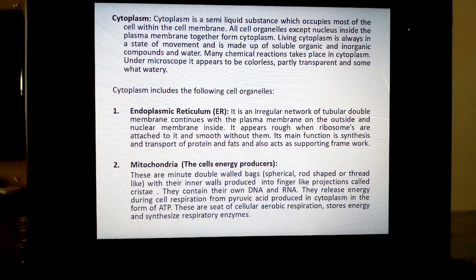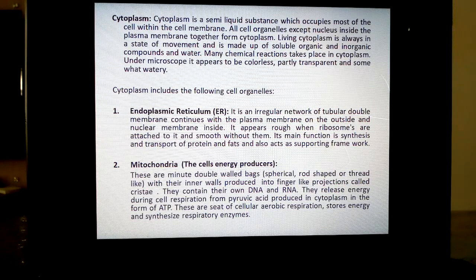Living cytoplasm is always in the state of movement and is made up of soluble organic and inorganic compounds and water. So you should not think only cell organelles are present in cytoplasm.